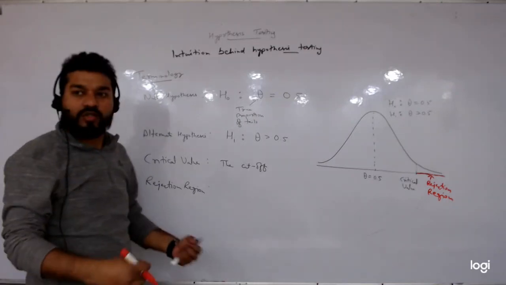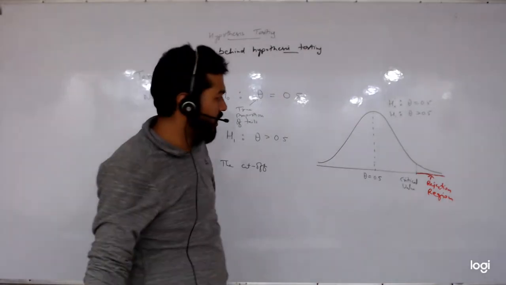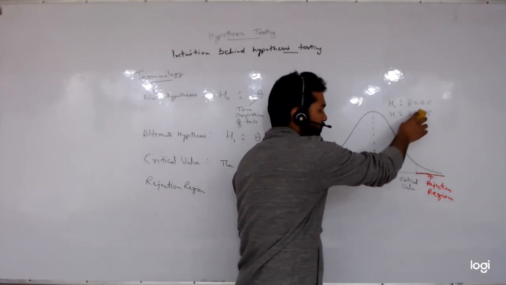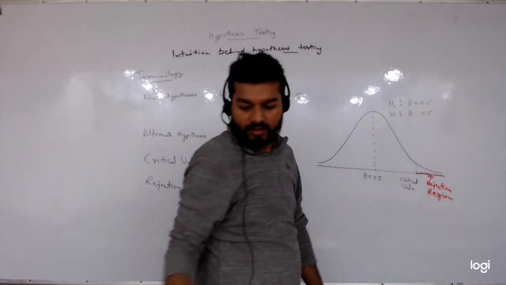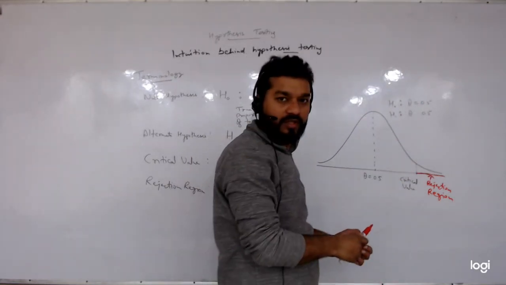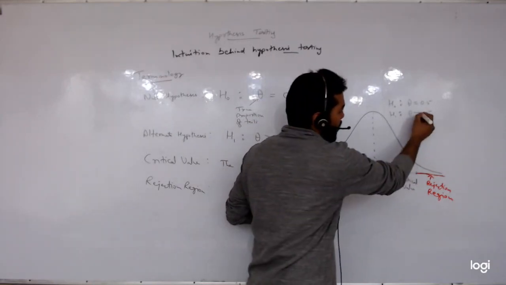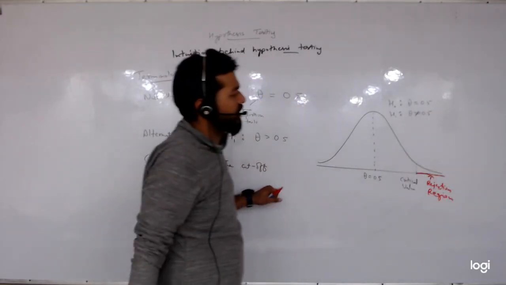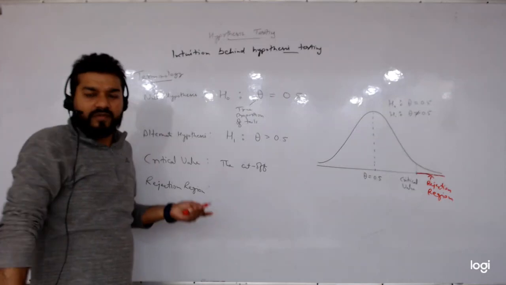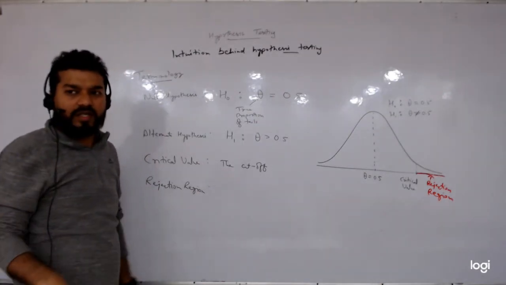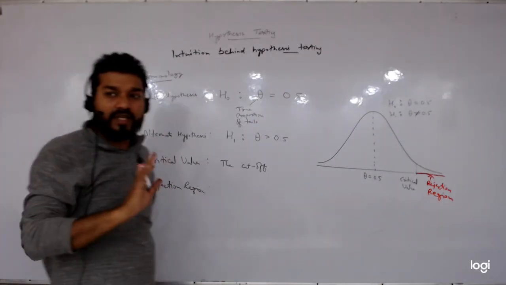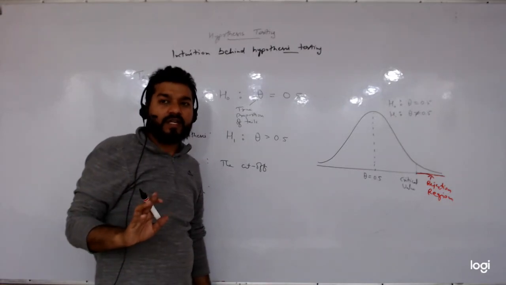If this is one-tailed. If this is two-tailed, then what would we do? We would just alter our alternative hypothesis by saying that this is not equal to 0.5. It can either be greater than or less than. Now we're not testing the question that it's tail biased.